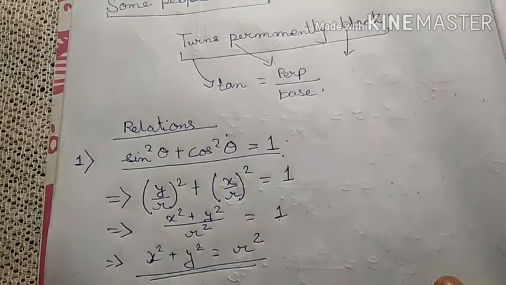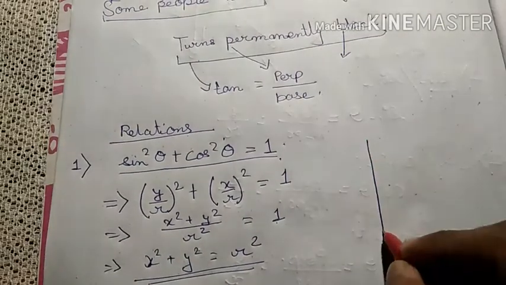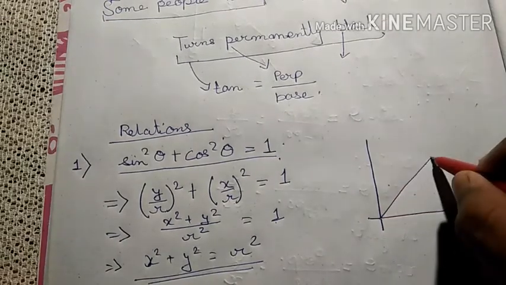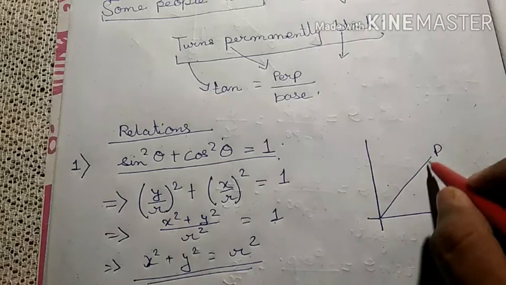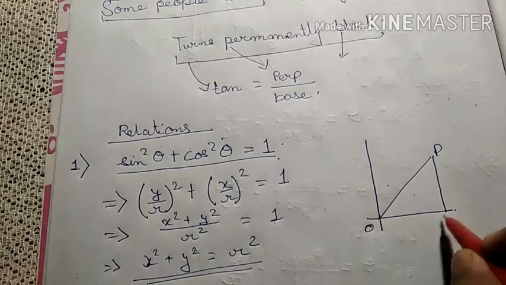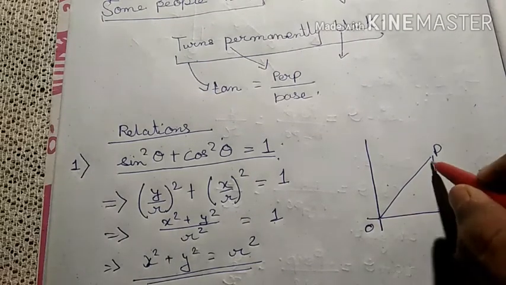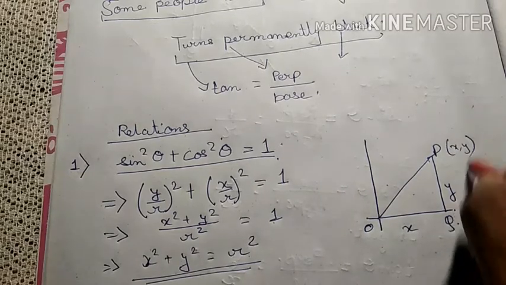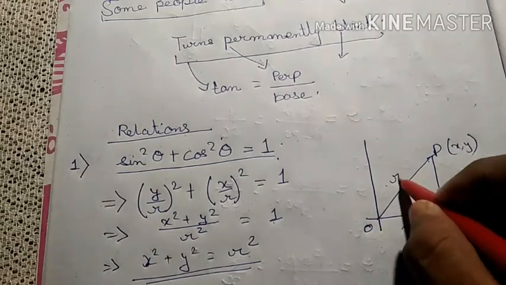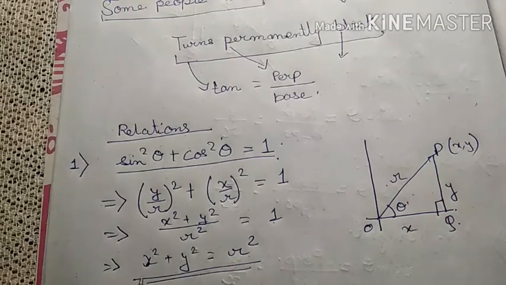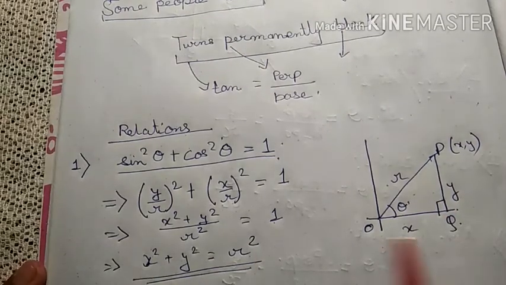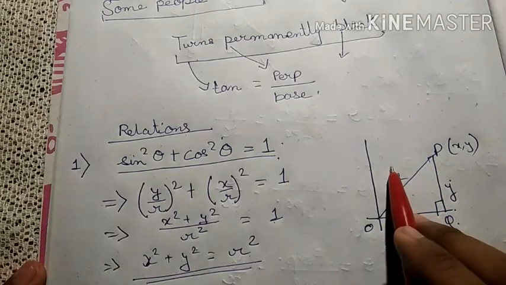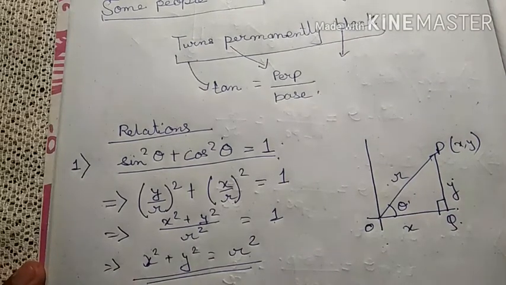If we see the triangle which we already made on the previous page, the triangle had vertices P, O and Q. This side was X, this side was Y, there was a 90 degree angle over here, the hypotenuse was R, and theta was here. So from here we are getting the relation x square plus y square equals r square. This is the Pythagoras theorem, if you remember.